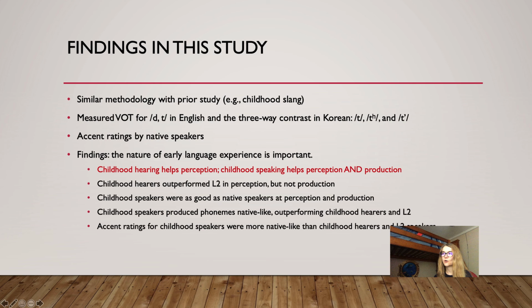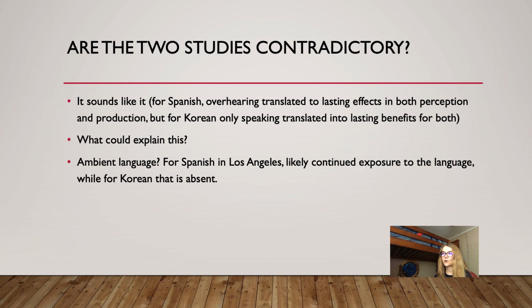Okay. So it seems like these two studies might be contradictory, because for the Spanish case, overhearing translated into production benefits, but for Korean, overhearing only translated into perception benefits, not also production benefits. So we have to think a little bit outside the box here and look at the contexts. For Korean, the speakers who had overheard the language in childhood only overheard it in childhood, and that was it.